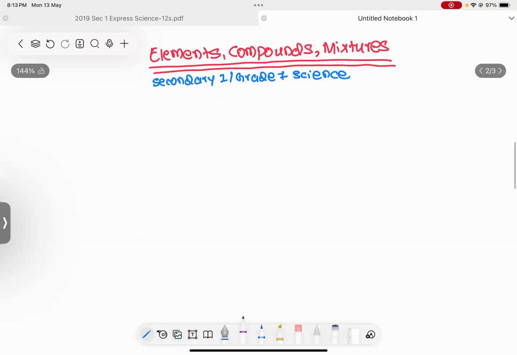So, you all might be asking me, what is an element? An element is pretty easy.